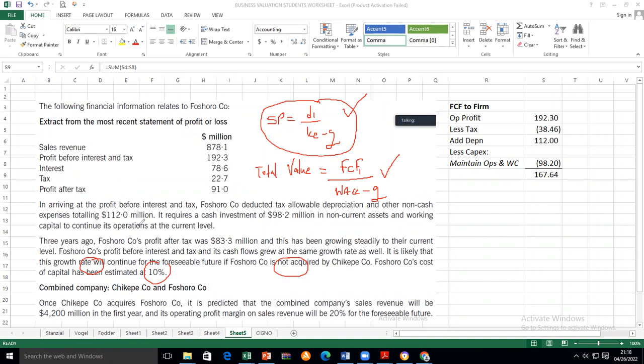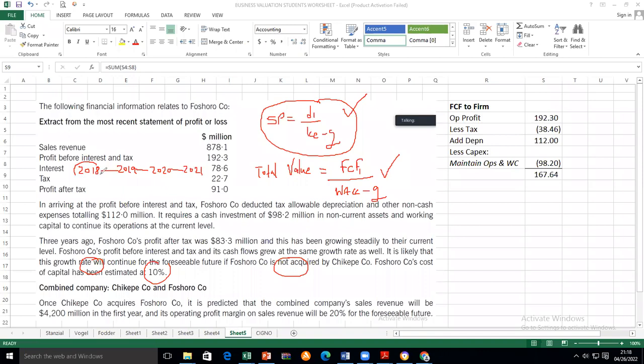The information has been given here. They said 3 years ago, 2018, 2019, 2020, 2021. So 3 years ago, 1 year ago, 2 years ago, 3 years ago.